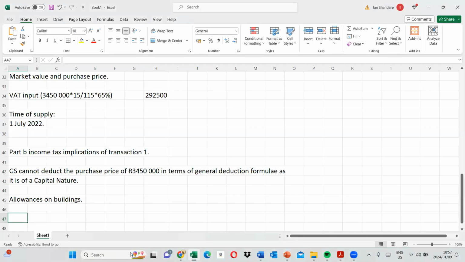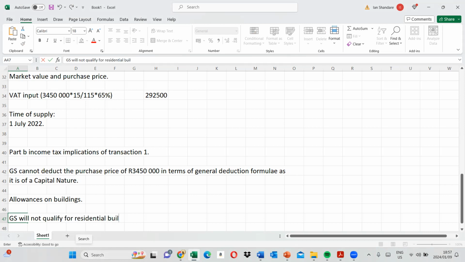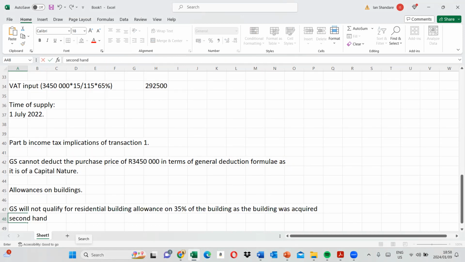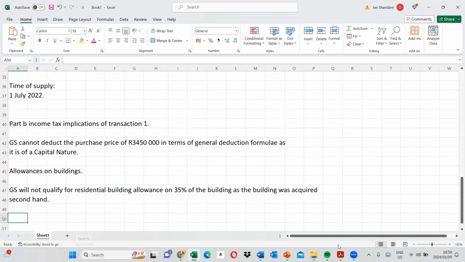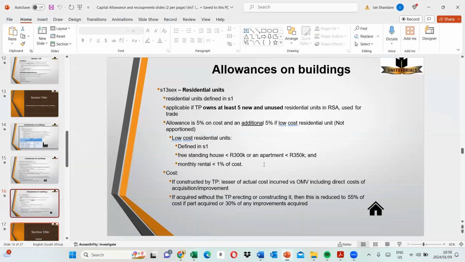So you have to write that: GS will not qualify for residential building allowance on 35% of the building, as the building was acquired secondhand. They bought the building secondhand, which means they can't qualify for that allowance.